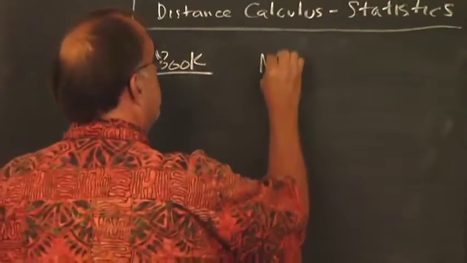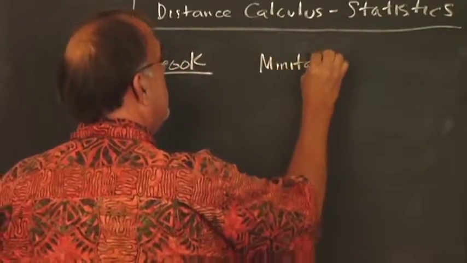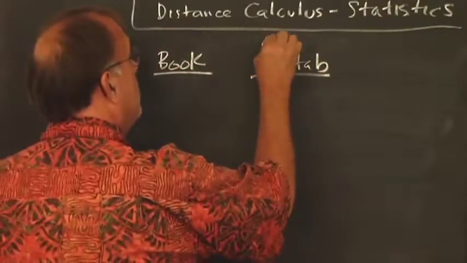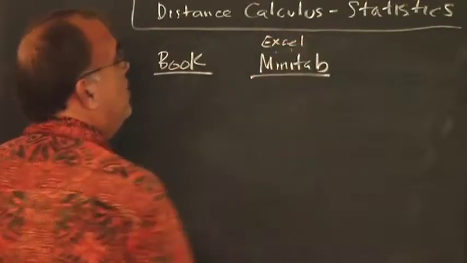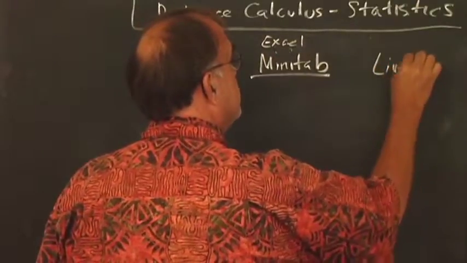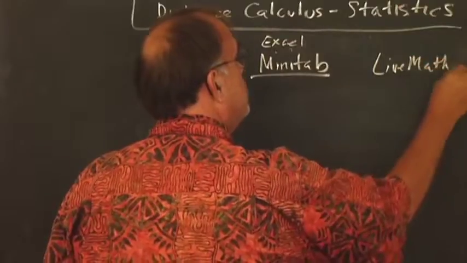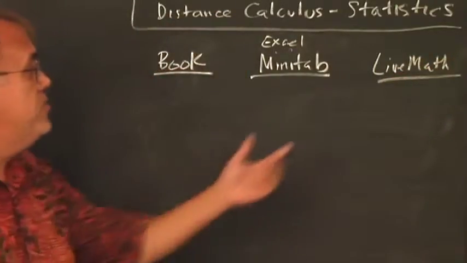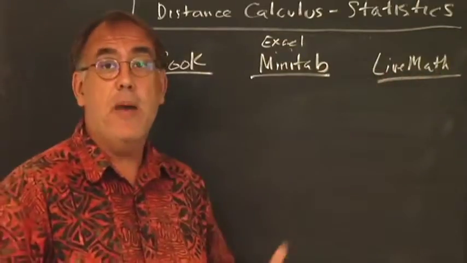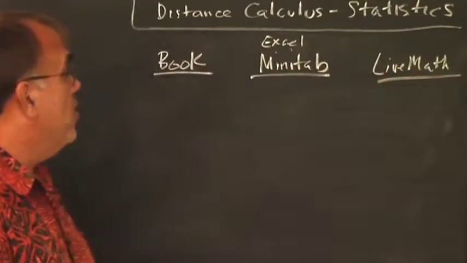There are Minitab or Excel. And then the third one is ours. We use the live math software, which we use in all of our lower calculus courses. And I'm going to talk about why ours is going to be a little bit different.